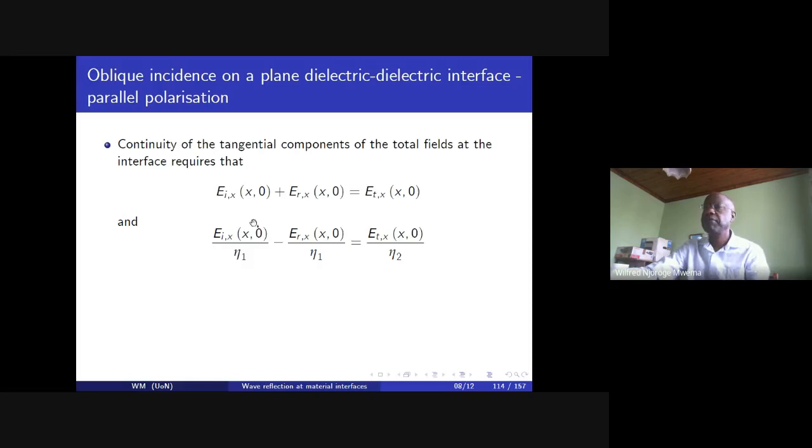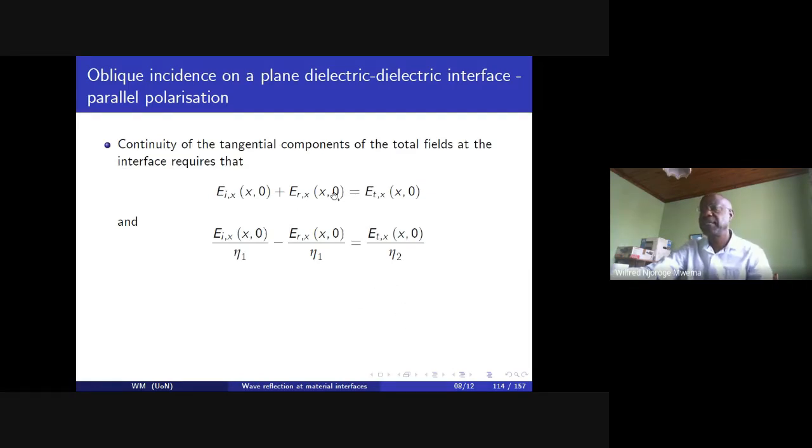And remember, the field components that we want to balance are the tangential field components, because we know that the tangential component of the electric field intensity is continuous across the interface, and the tangential part of the magnetic field component is also continuous across the interface. And therefore, once we do this, this equation now reduces to that level, which are the same expressions that we had before.